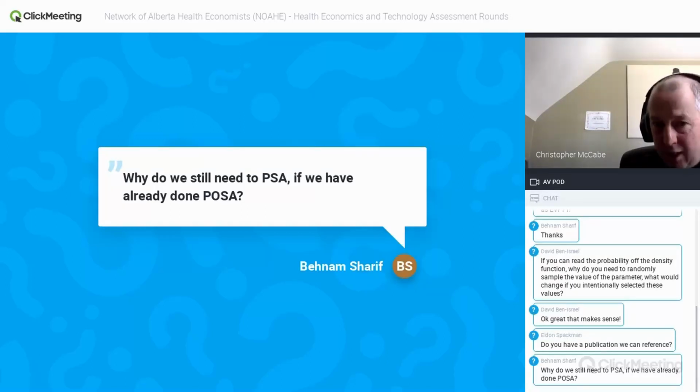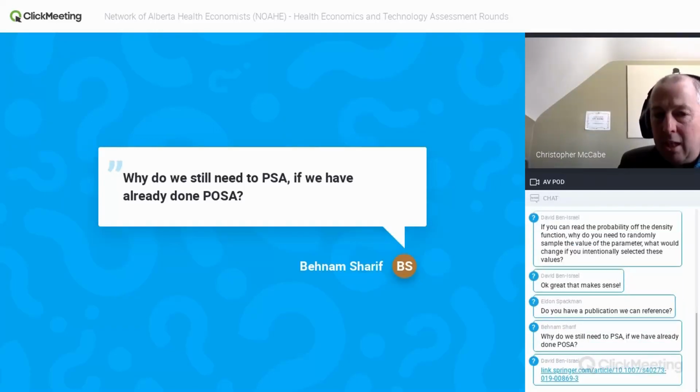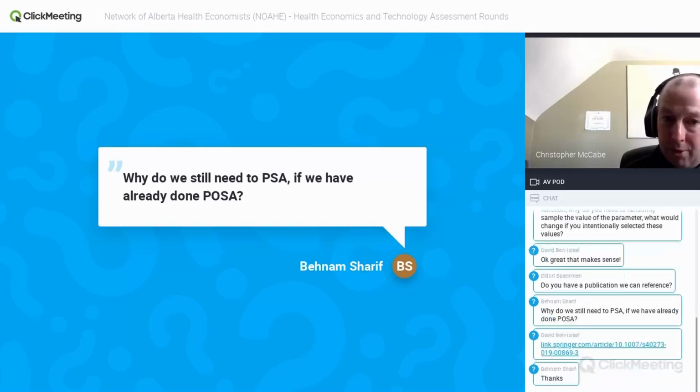Okay, so our reference case expected net benefit is still read off the PSA. And then the POSA is a second set of analyses that address how sensitive the result is to this specific parameter. So we do need both.